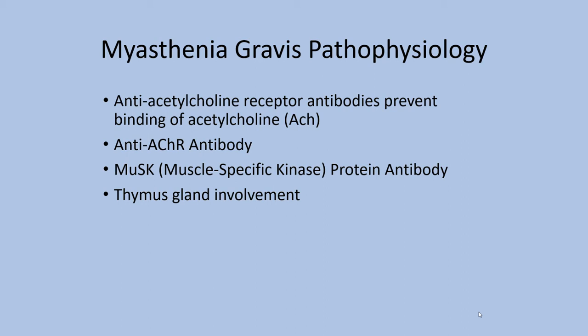The other thing with myasthenia gravis is the thymus gland seems to be involved quite frequently with these patients. So if you remember right, the thymus gland grows until we reach puberty, when it reduces in size and is replaced by fat. So it doesn't serve a function anymore after puberty.